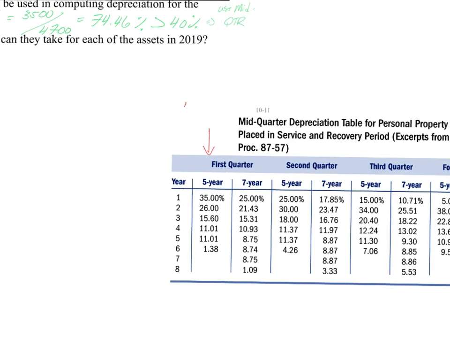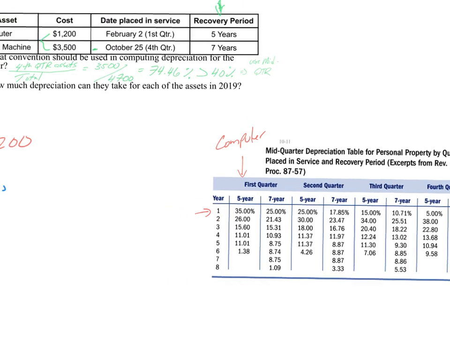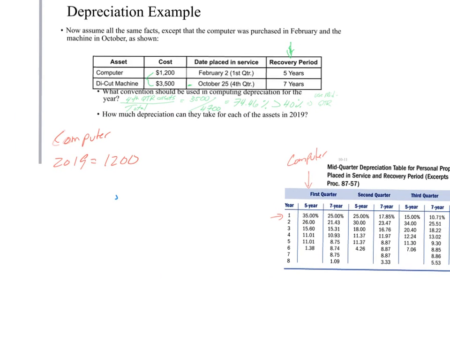So we enter right here at this very first column. And so our year one percentage is 35%. And so our year one depreciation is $420.